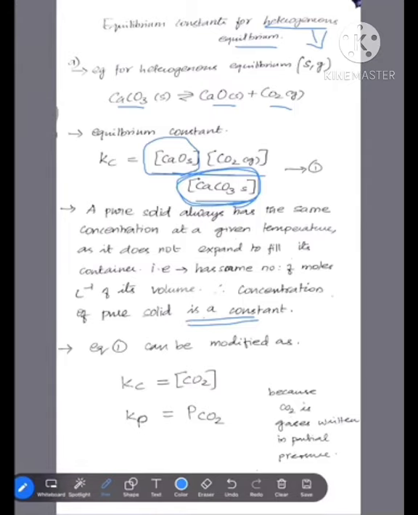So the equilibrium constant is going to be entirely dependent on the concentration of the carbon dioxide. Since carbon dioxide is a gas, we can express the equilibrium constant for this particular reaction in terms of partial pressure, and the equilibrium constant will be just Kp is equal to PCO2, the partial pressure of carbon dioxide, because carbon dioxide is a gas.